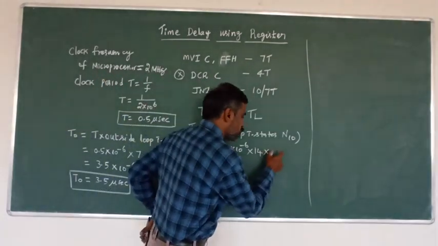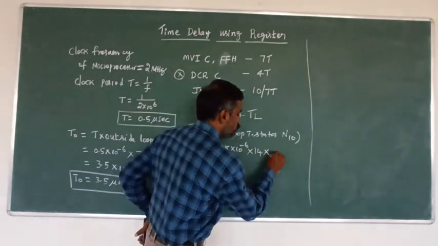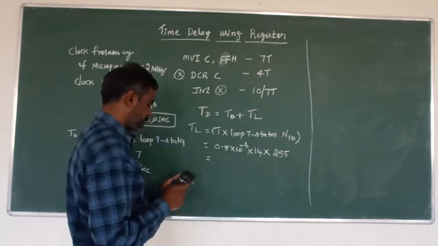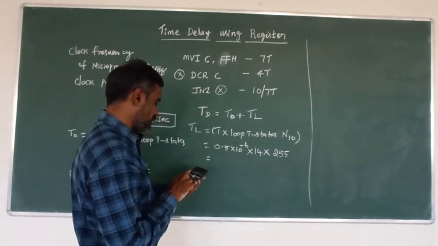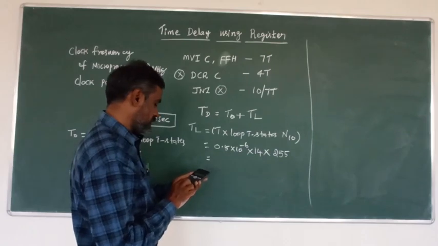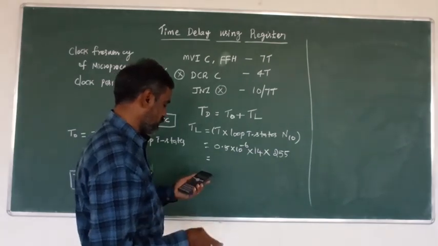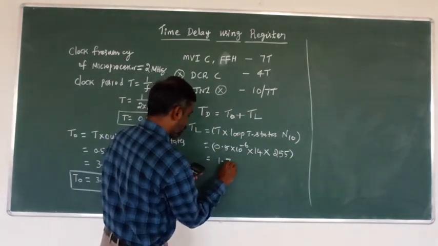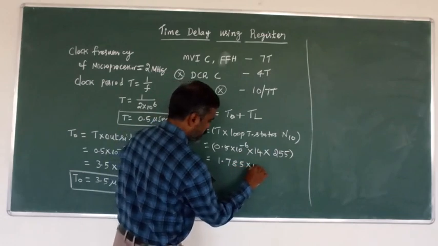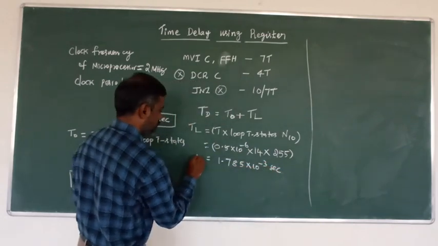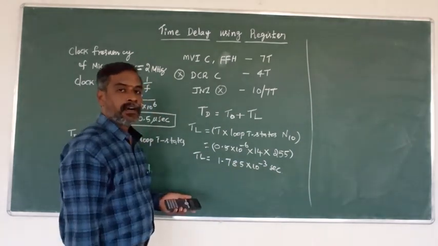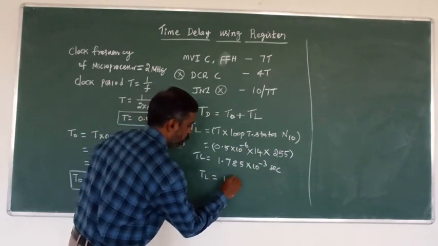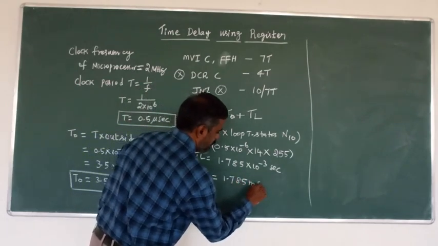Now here we have to substitute the corresponding decimal value 255. Now multiply: 0.5 into 10 to the power of -6 into 14 into 255. Now we can get the result 1.785 into 10 to the power of -3 seconds. This is for 10 to the power of -3, milliseconds. TL equals 1.785 milliseconds.